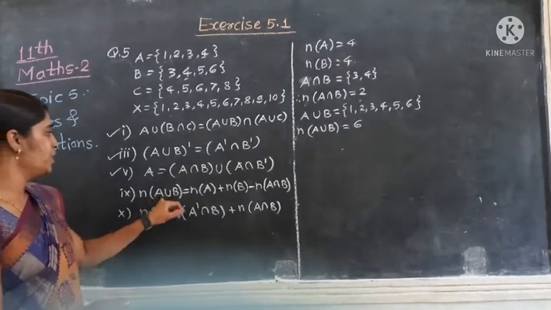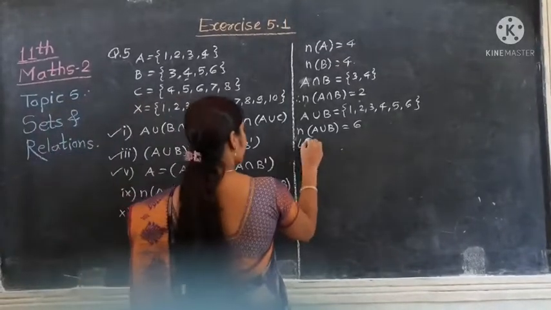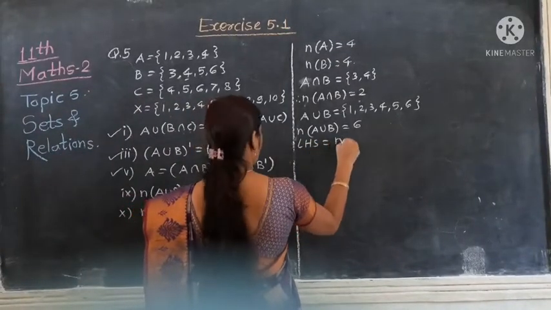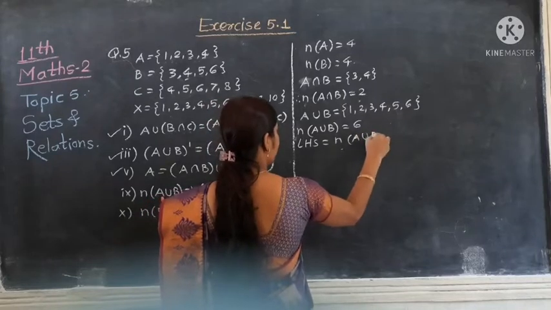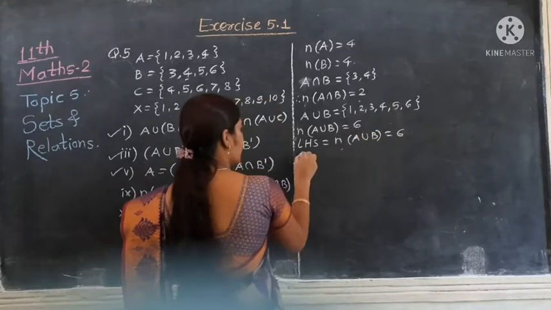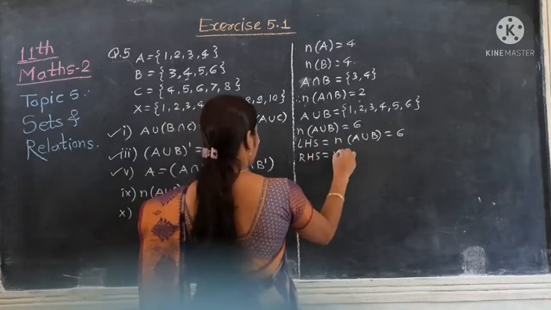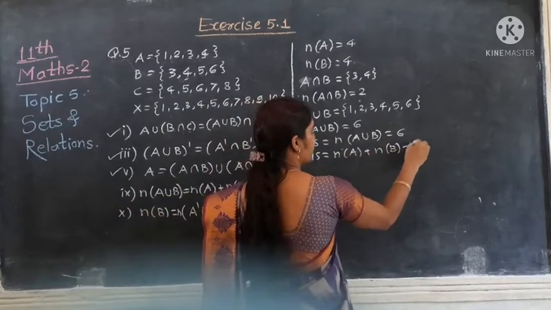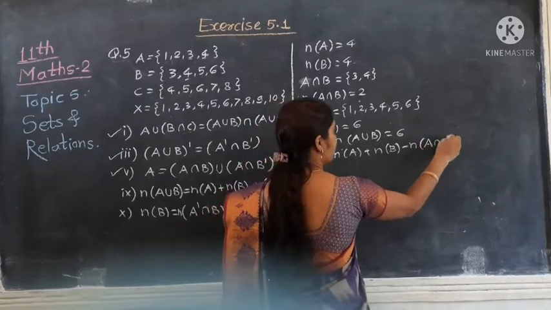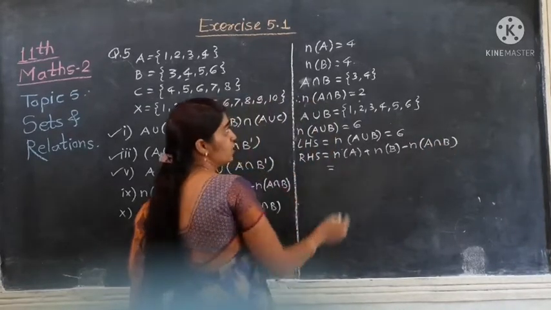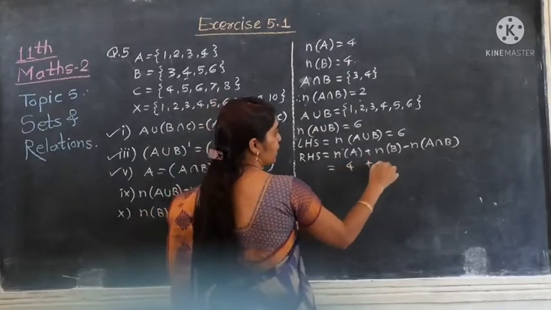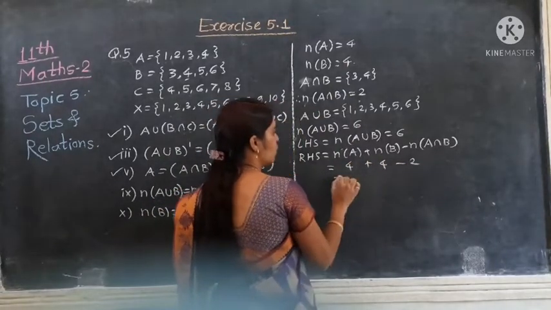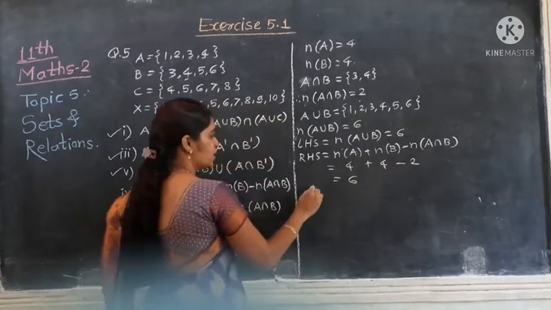Now take here LHS. What is the LHS? LHS is n of A union B. It is 6. And RHS you take n of A plus n of B minus n of A intersection B. What is the n of A? 4 plus 4 minus 2. 8 minus 2, 6.